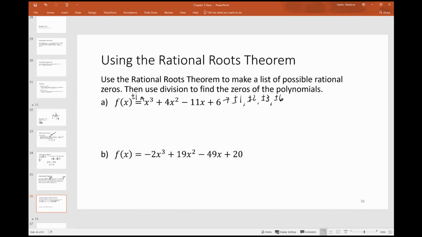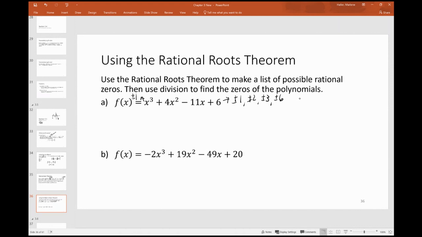So all of our possible rational roots, real roots, are going to occur at plus or minus p over q. So let's see what those are going to be.